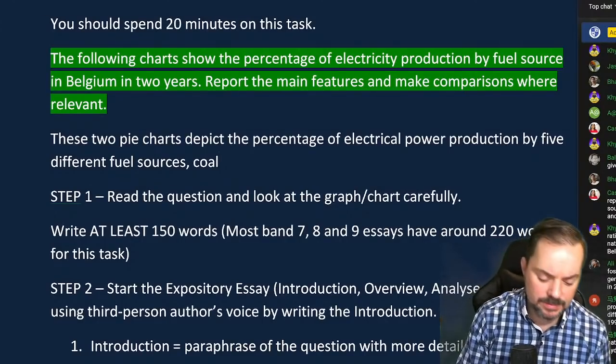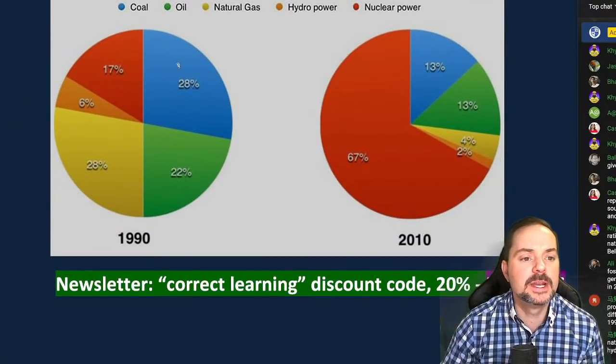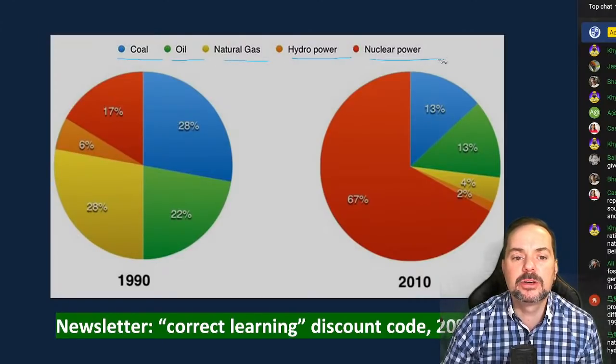Okay, so I'm including my 5 different types of fuel sources here, so I'm going to look at that again. So it was coal, oil, natural gas, hydropower, and nuclear power.